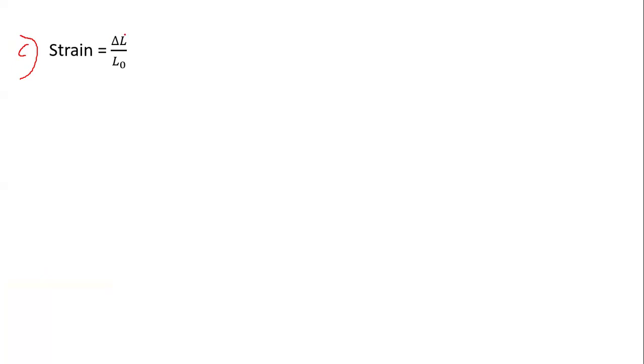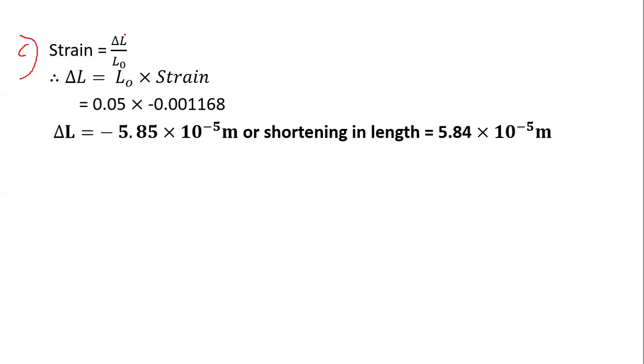Making it the subject simply means we're cross multiplying. And we have the change in length being equal to original length multiplied by strain. So you multiply 0.05 by negative 0.001168. Then your answer is negative 5.85 times 10 power negative 5. That is our shortening in length. Please just leave the answer here. This is the interpretation of that answer, and we've left out the negative because we've already said shortening.